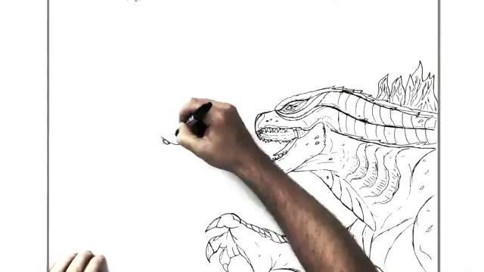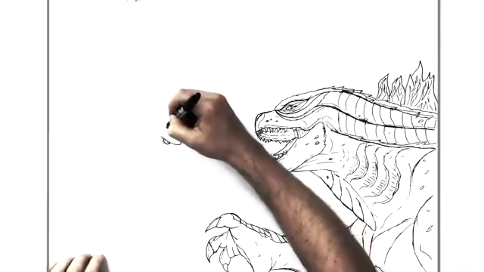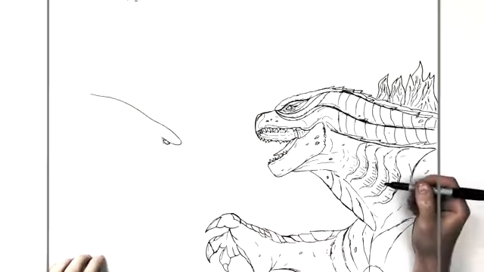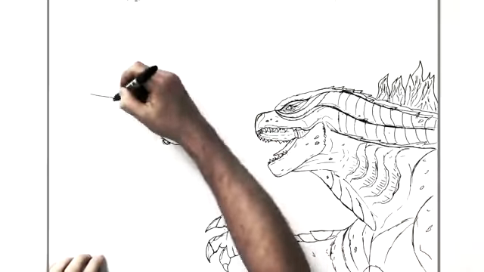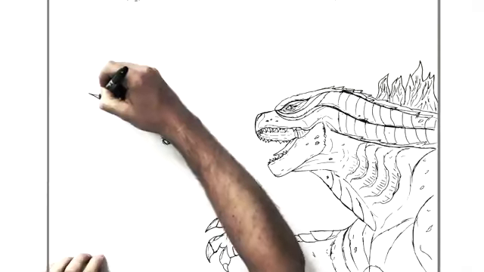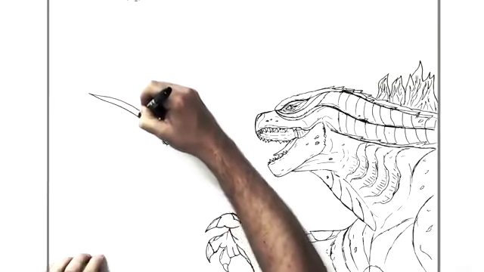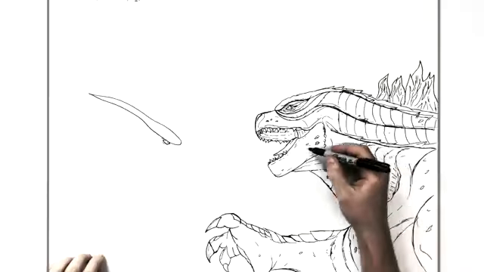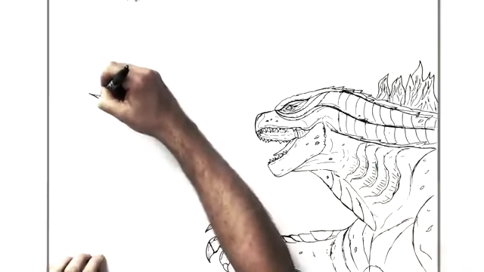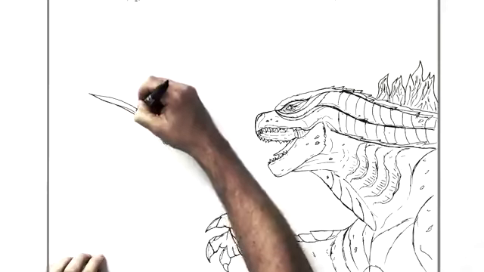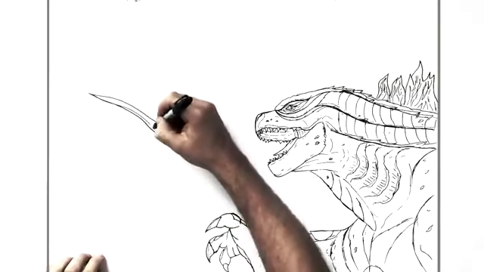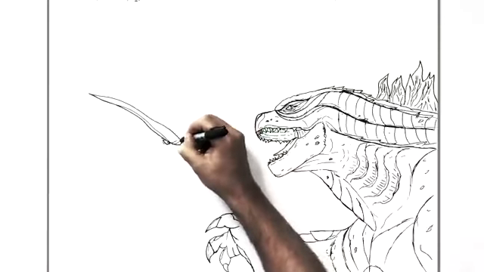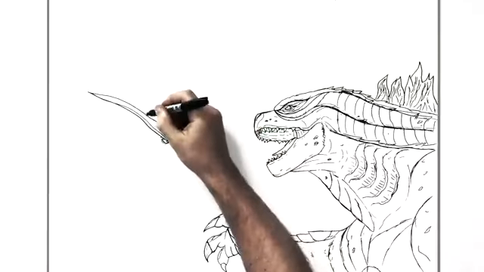So this brow will eventually go all the way back to a horn spike back here. And this kind of comes back in around, down into there. You could have an extra line down the middle, and then some texture lines on it.